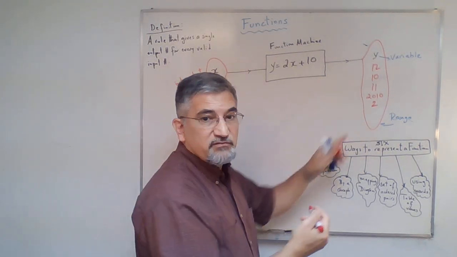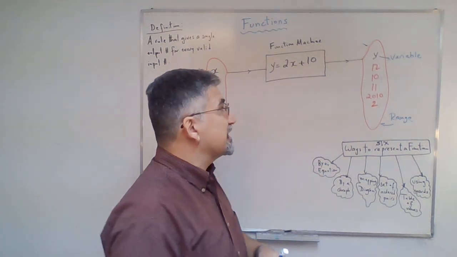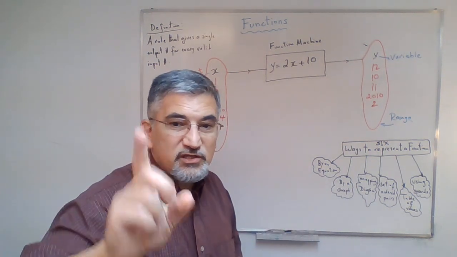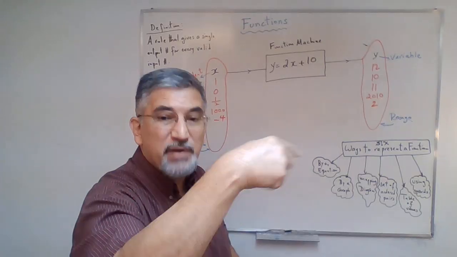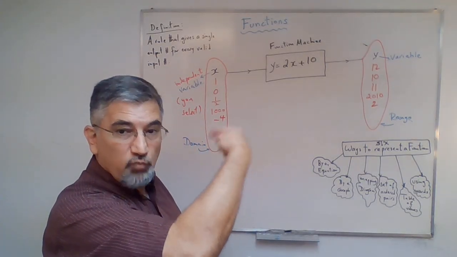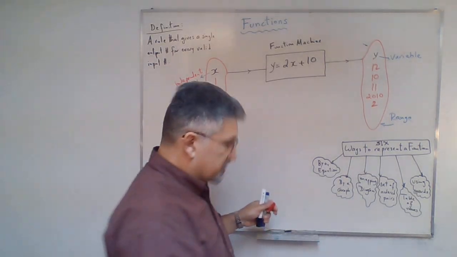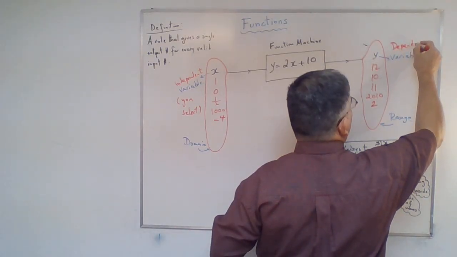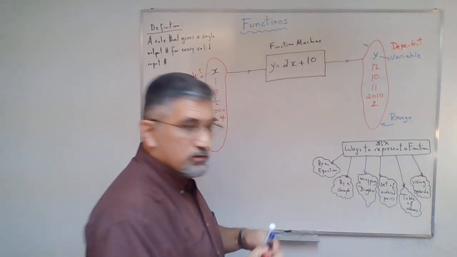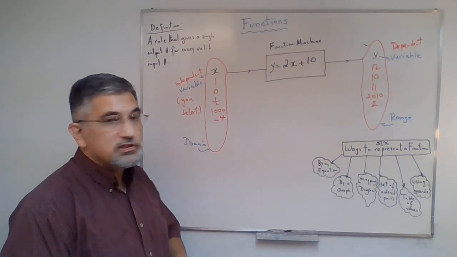But over there, is that variable an independent variable? Can you select 13 instead of 12? You can't. That value of 12 depends on the value of x, which was 1 before. So we're going to call this the dependent variable. So y is the dependent variable, x is the independent variable.